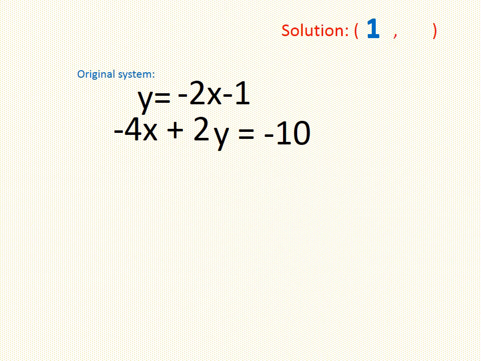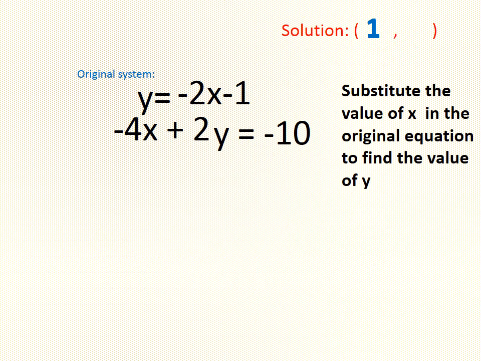Now the next step is to find the value of y. And to be able to do that, we need to substitute the value of x in the original equation to find the value of y. And the equation that can help us find the y value is the equation that we used to substitute for y in the second equation.